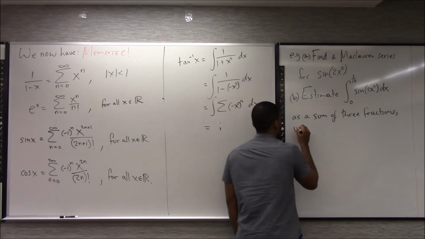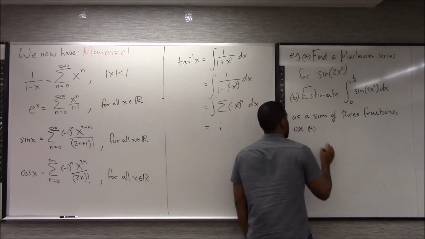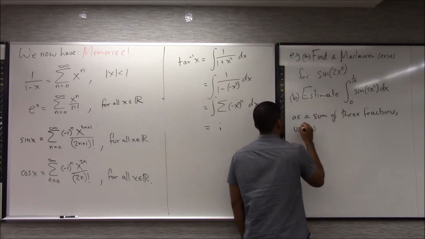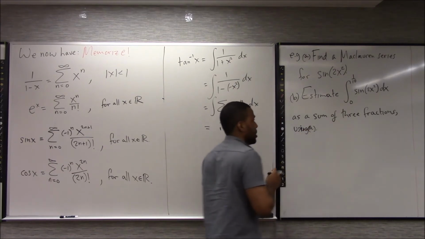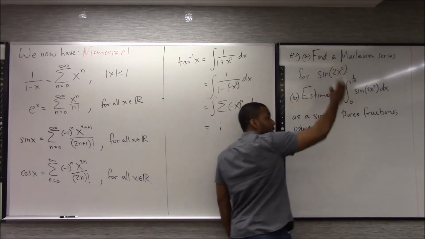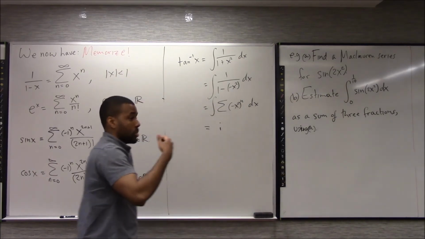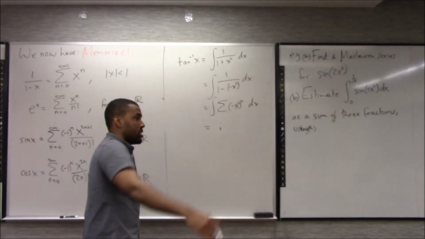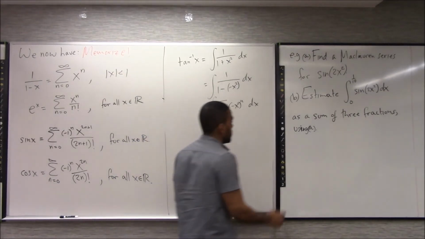For emphasis here, I'm going to use the power series, which means the idea is you're going to write this as a power series, integrate the power series, plug in the limits, and you'll get the answer as an infinite series. Take the first 3 terms.